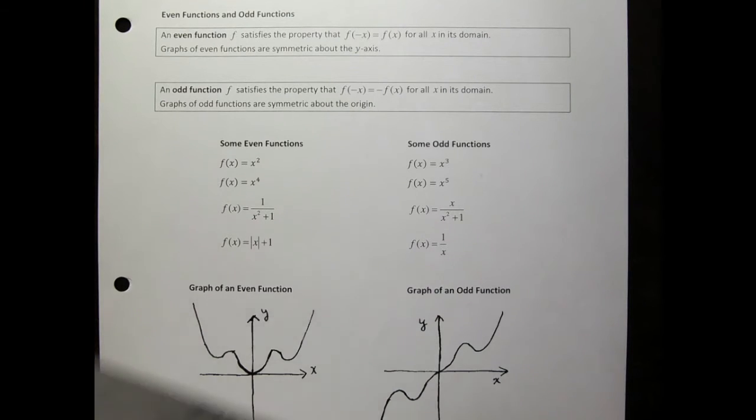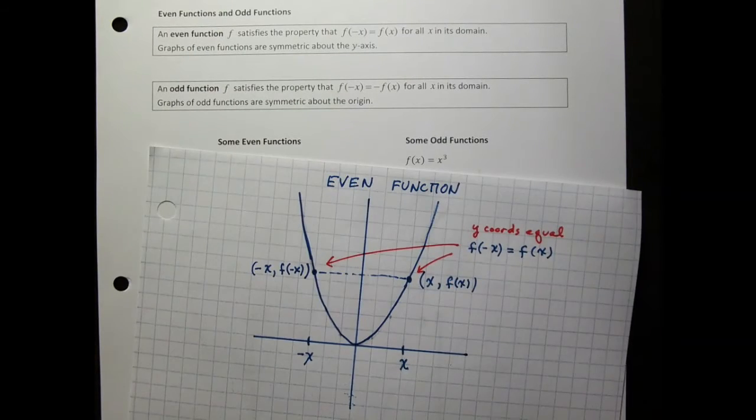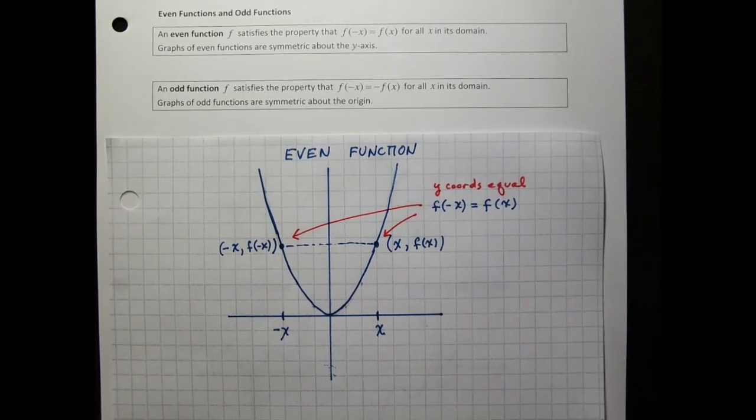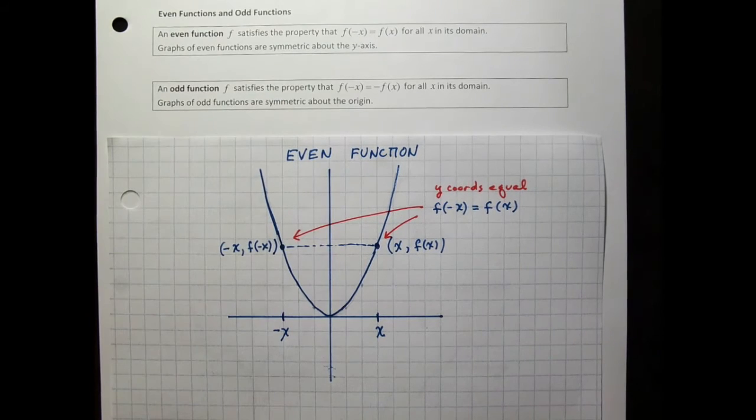So I want to give you just a couple pictures here. First, just a picture of an even function. And so what does this business mean about f of minus x equals f of x? It's really related to the idea of y-axis symmetry. So here's an even function, here's x, here's minus x.